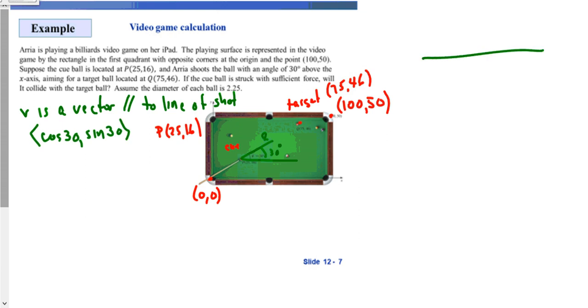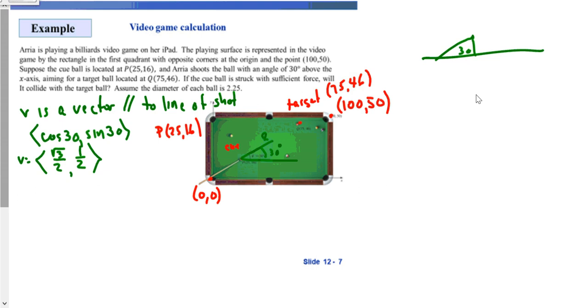Just thinking about the x-axis, if you know it's 30 degrees here, you can assume that thing has length 1. So it would just be cosine of 30, sine of 30, which will be square root of 3 over 2, comma 1/2.